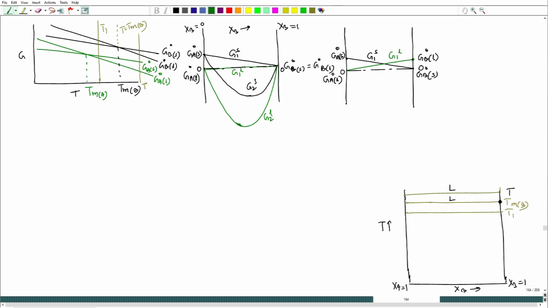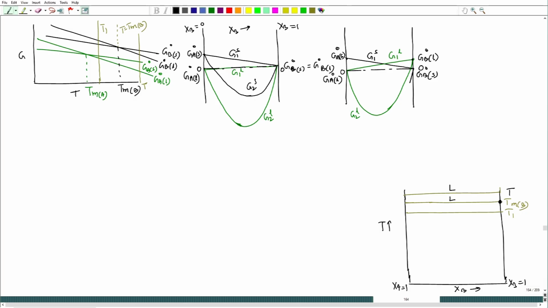Now, we have a situation. So, first let me draw G1 liquid. Since delta H mix is highly negative, it will still be steeper as compared to solid. So, it will have a plot like this, and now G2 liquid. Let me just plot the G2 of solid.